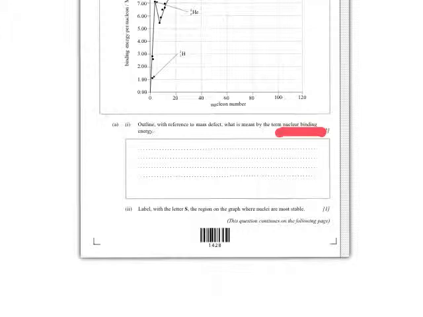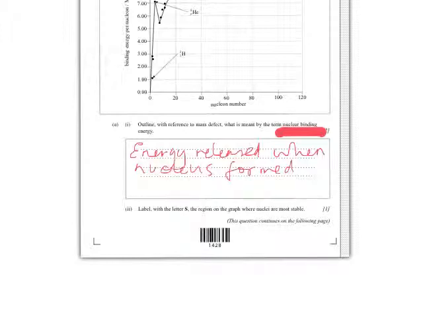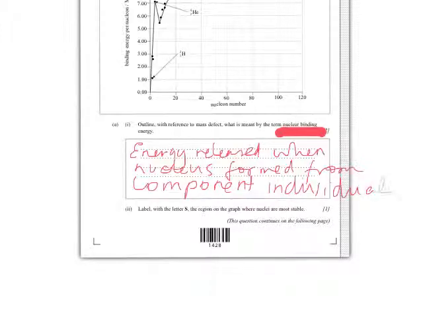And that's just something you're going to have to learn off by heart. Nuclear binding energy, there are many ways of interpreting it, but this is probably the quickest. Energy released when a nucleus is formed from its component individual nucleons.